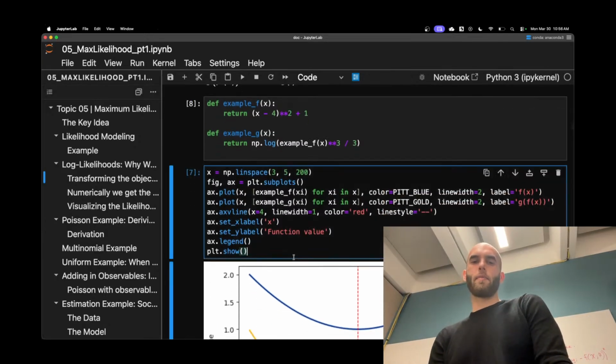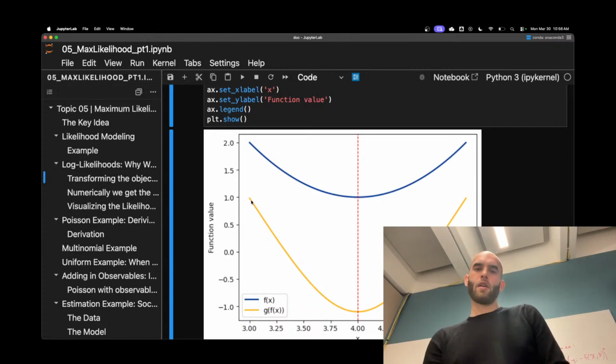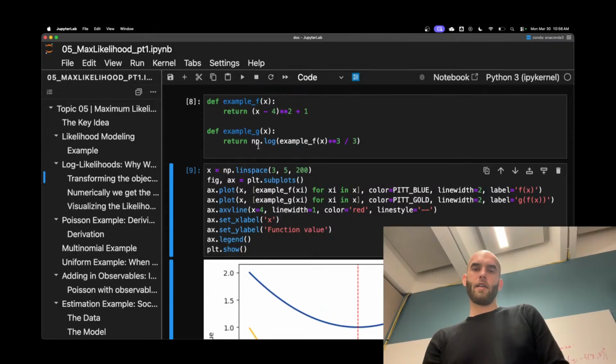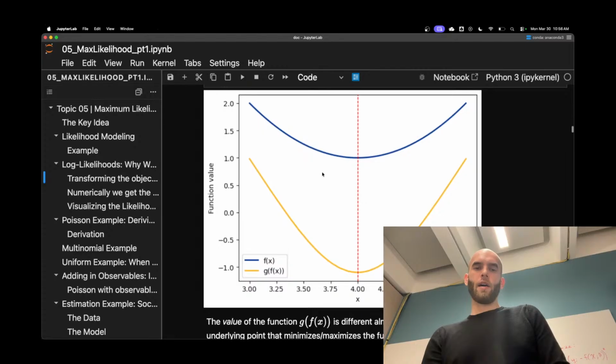So this is just a picture here. In yellow I have g of f of x. If I transform f of x using g of f of x, and an example here is a log, then the maximizer, or the minimizer in this case, for f of x is the minimizer for g of f of x.